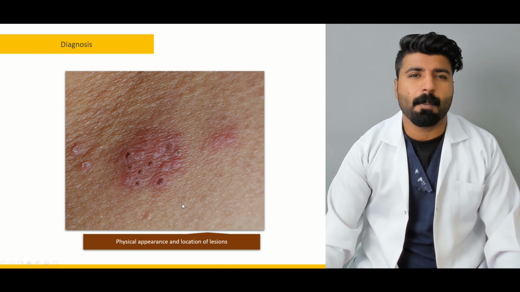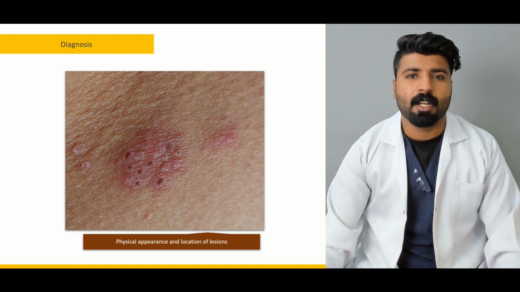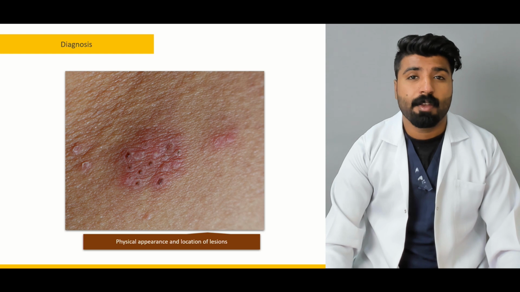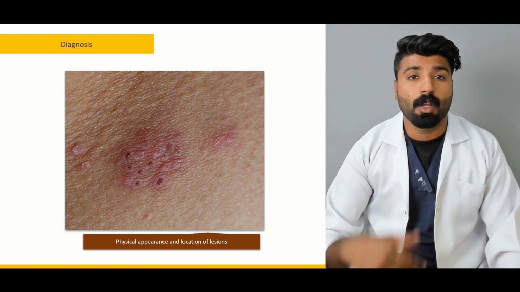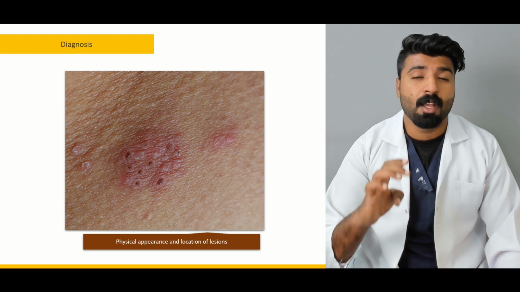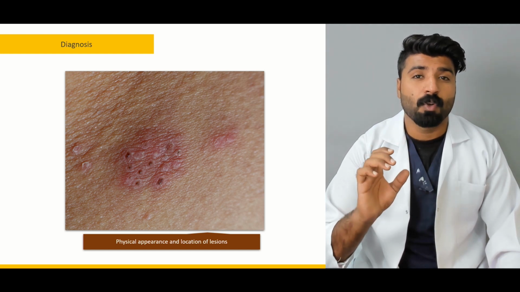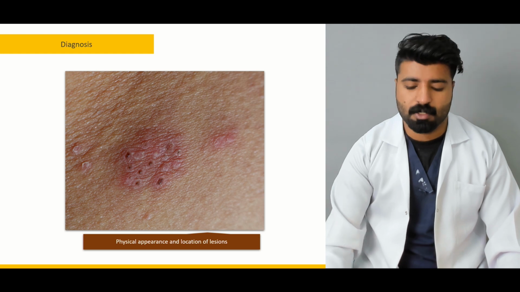We talked about multiple pathologies that involve only genitalia, only the perianal region, only the feet. We talked about some pathologies which involve your nose, and some which involve your chest. So location of the lesion matters a lot in narrowing down the differentials.